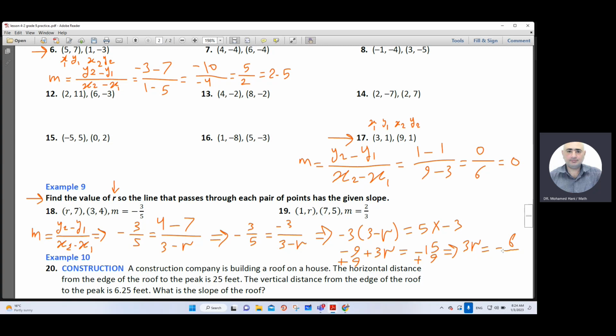Then divide the two sides by 3. So r equals negative 2.